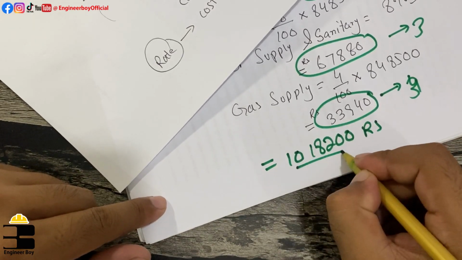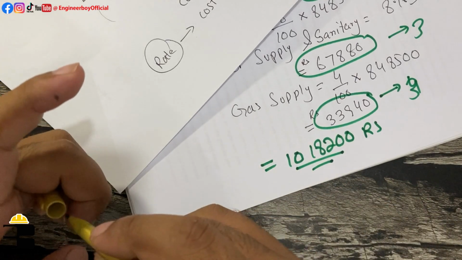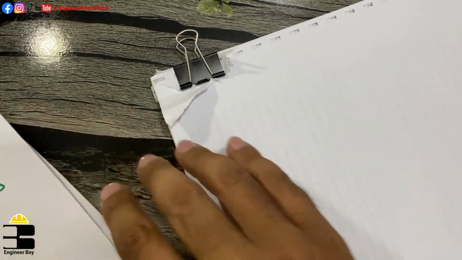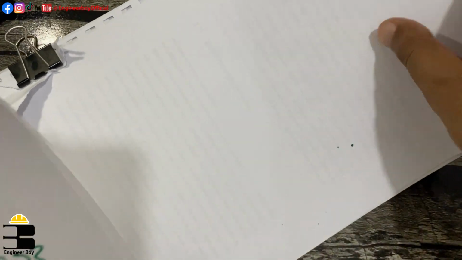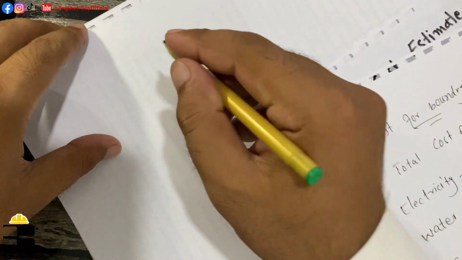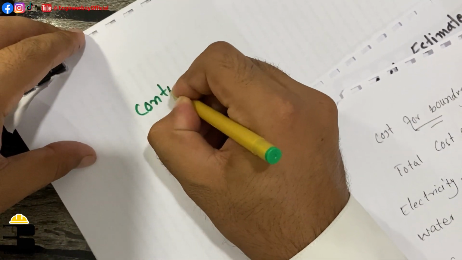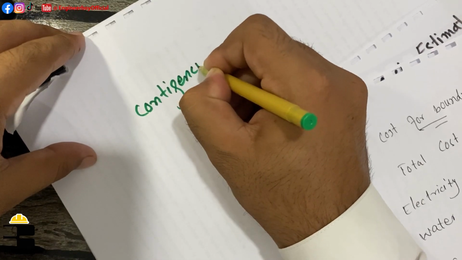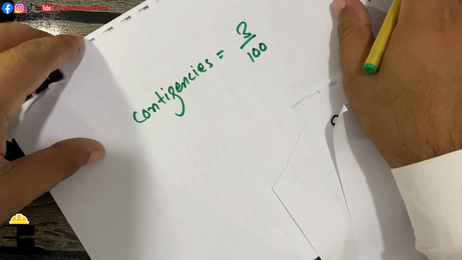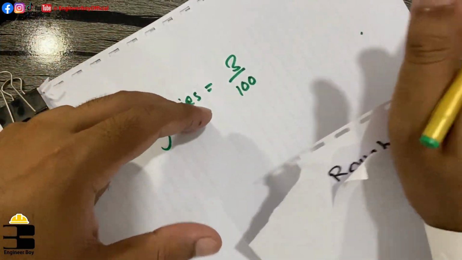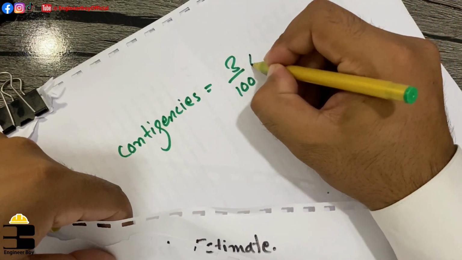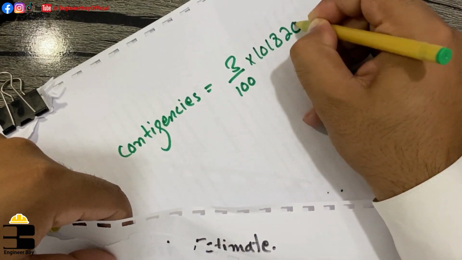Now we will have 3% of this for the contingencies. Now the cost of contingencies is 3%. You divide that by 100 and multiply by the total grand, which is 1018,200.